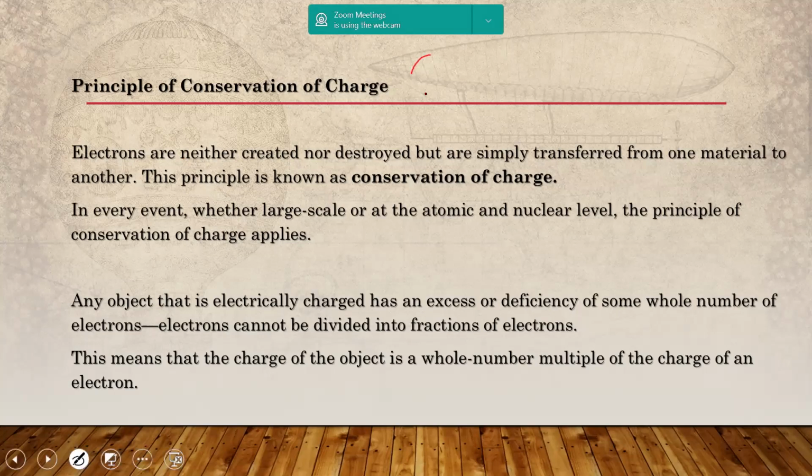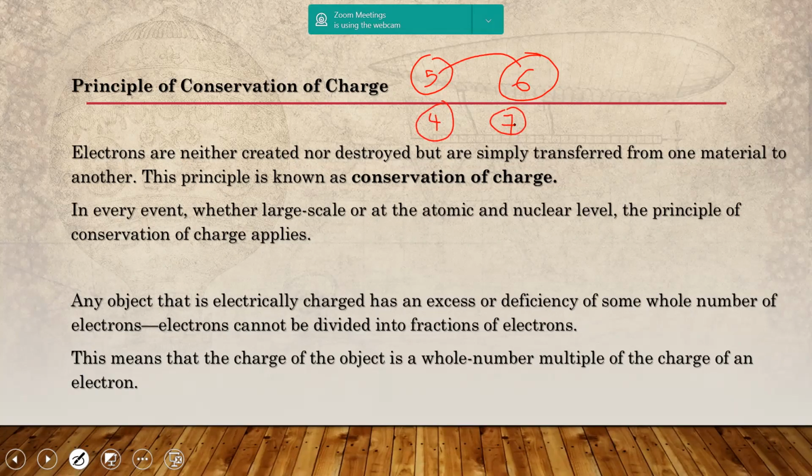That means if there's an atom here and another atom here, and we have 5 electrons here and 6 electrons here, if you give 1 electron to the second atom, here you will have 4 and here we will have 7. So exactly 1 electron is transferred to the second atom.